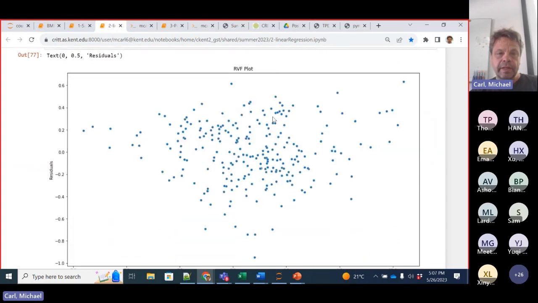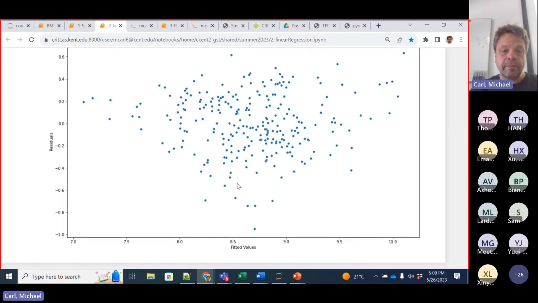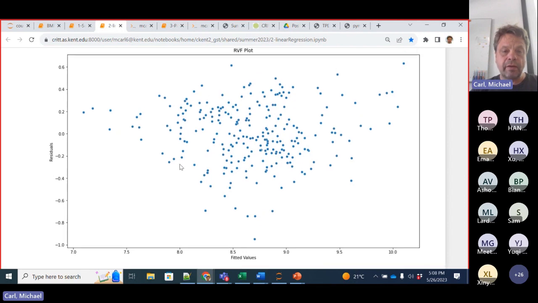And here, these are the individual residuals and the fitted values. And this plot here should be as homogeneous as possible. It should not have this belly here, but I think this model is quite okay already, but it would be better even if this was evenly distributed here.